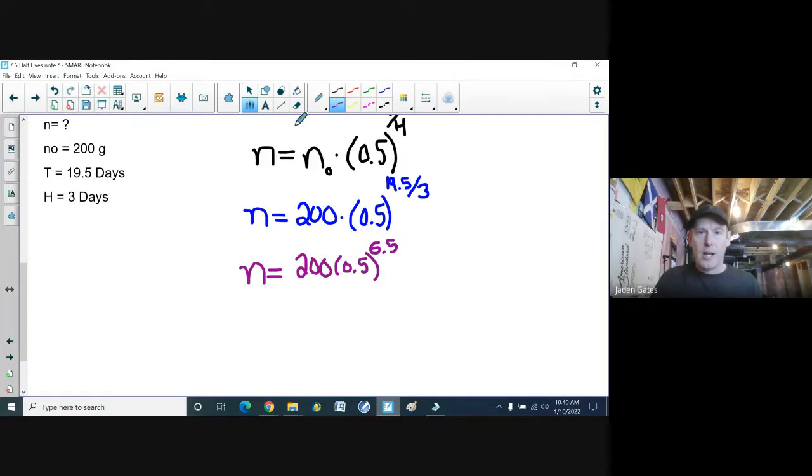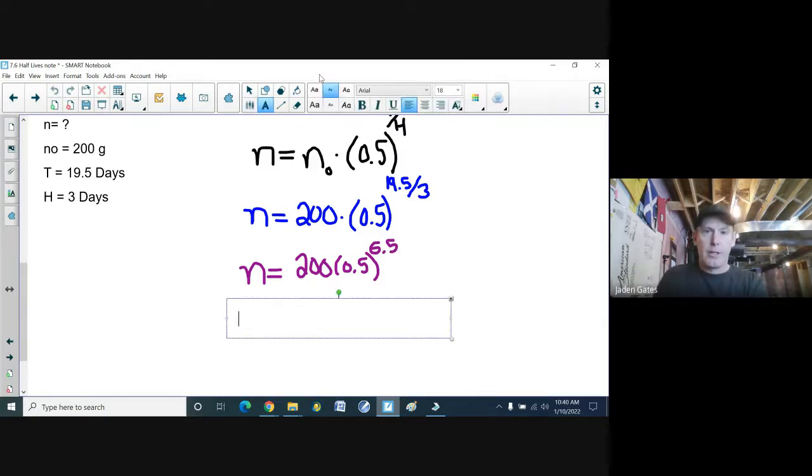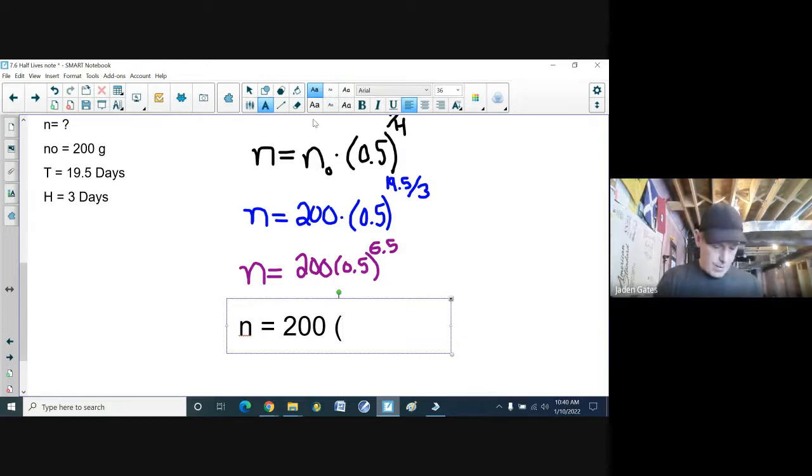Now to do my BEDMAS. N is equal to the 200. Now I'm going to take that 0.5 to the power of 6.5, and I'm going to get 0.011.